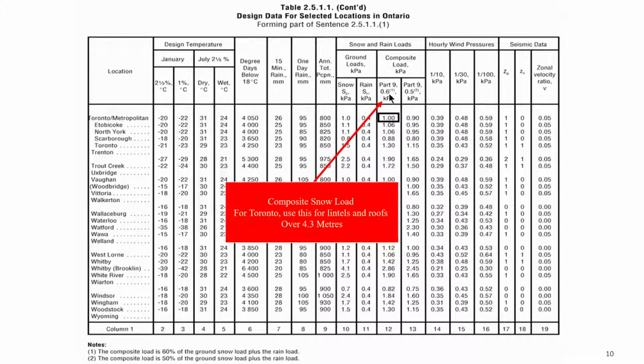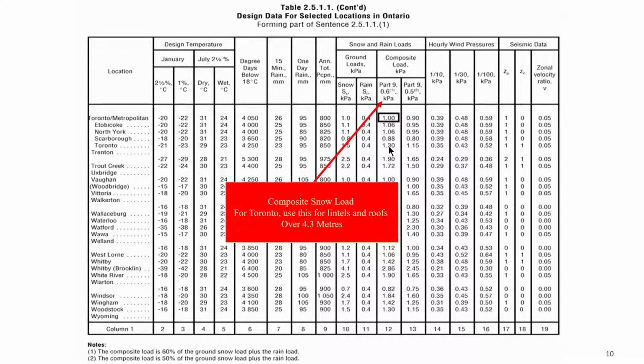And this is Part 9, and it's saying to use the 0.6 composite snow load in the chart. You see pretty much every town and city listed, this is one of several pages in the building code, and the snow loads in those various locations. Like the snow load in Trout Creek is way more than the snow load in Toronto. So there's quite a difference.